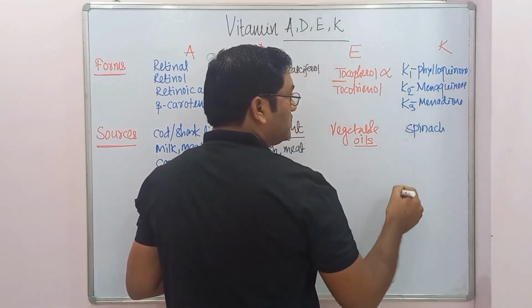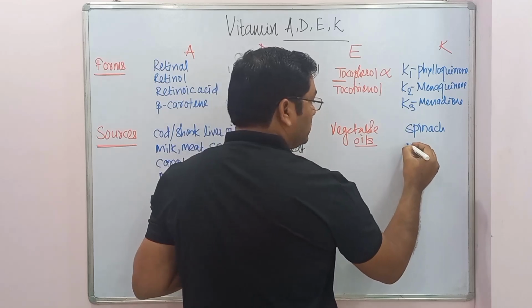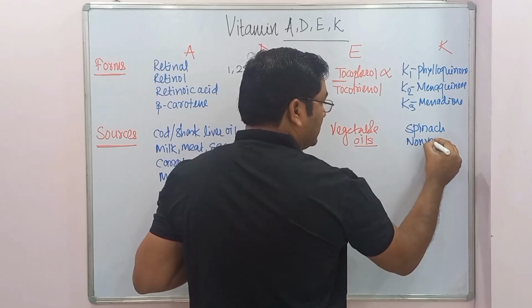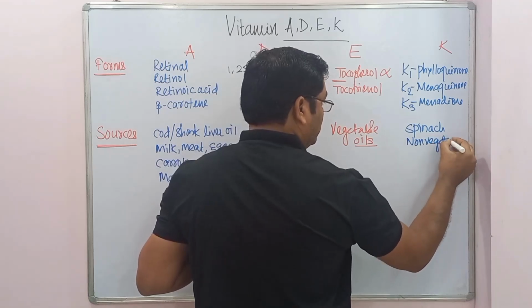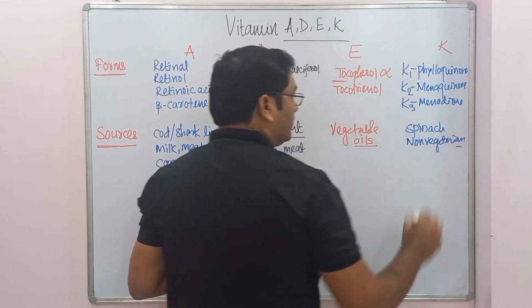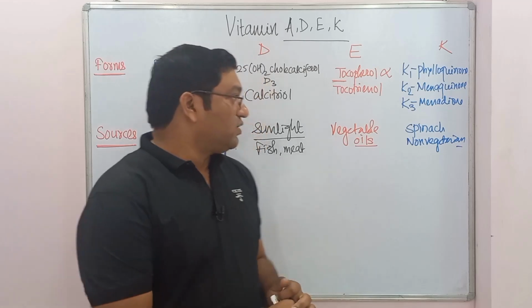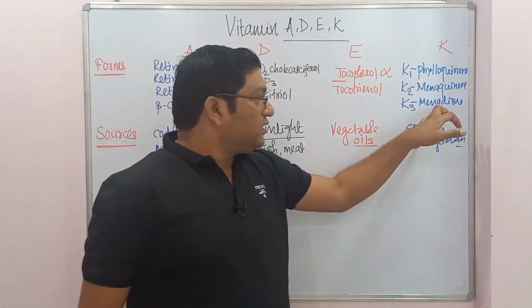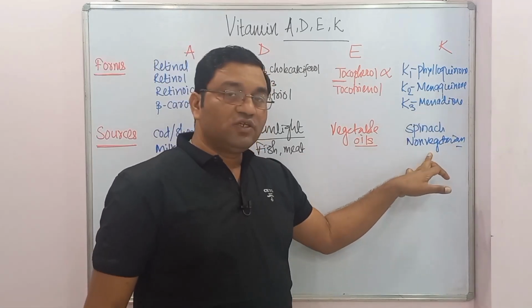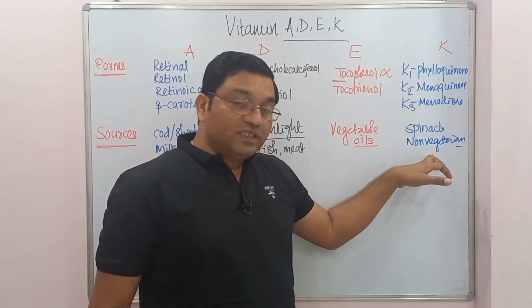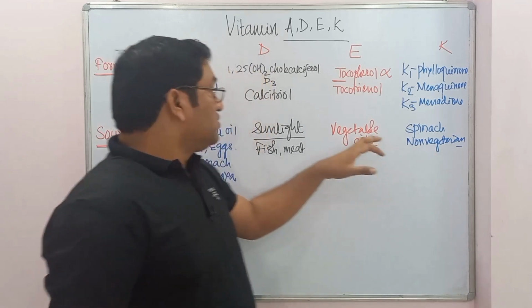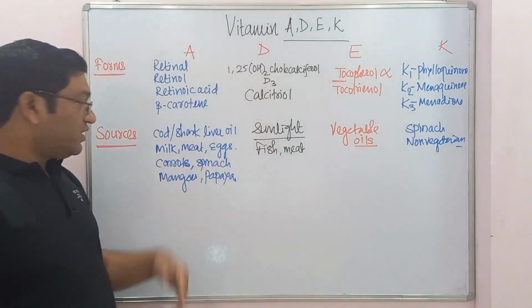Then menaquinone is present in food of animal origin, so non-vegetarian sources, meat, milk, eggs, fish, etc. Menadione is the synthetic form. Got it? So these are the sources of these different vitamins.